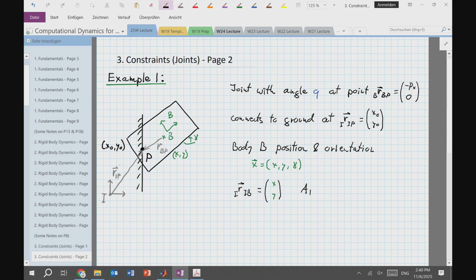And the orientation AIB is given through a transformation matrix with the cosine and sine terms of this angle gamma. So 3 variables to describe our body B. And then I could also go ahead and introduce here a joint angle Q.